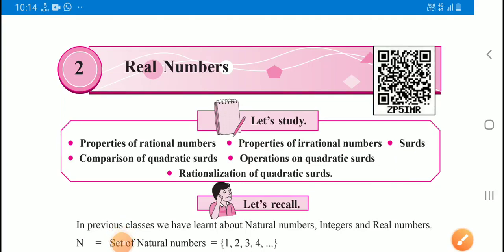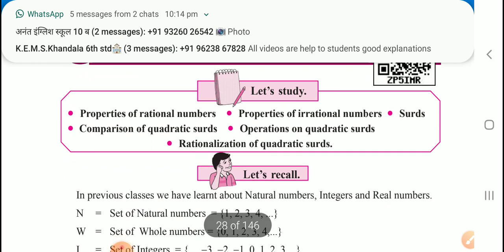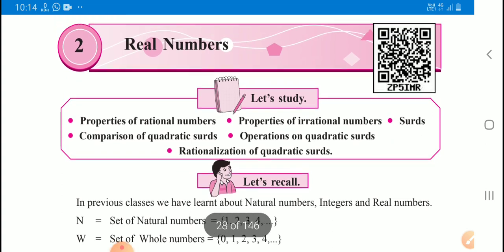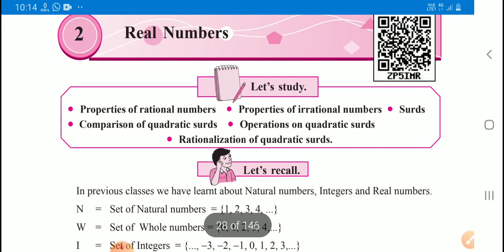Hello students, today we will see the second topic from your mathematics part 1 book, that is real numbers. We have studied the groups of numbers such as natural numbers, whole numbers, integers, rational numbers, irrational numbers and real numbers.